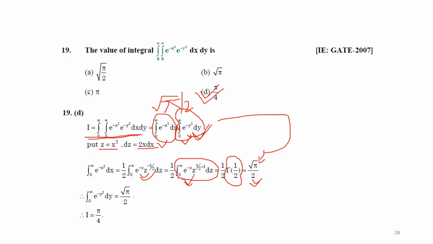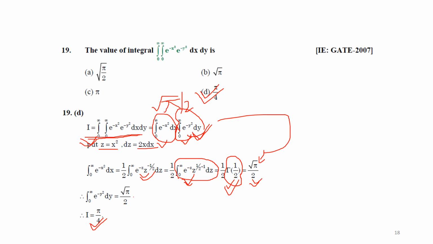In this problem they did this integration, but if you read the integral formulas and the gamma function, you can see this result directly. If you know that, no need to do this integration, you can simply put root pi by 2 and root pi by 2 and multiply.